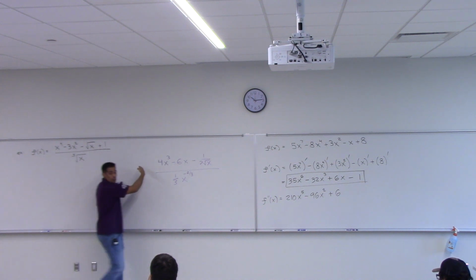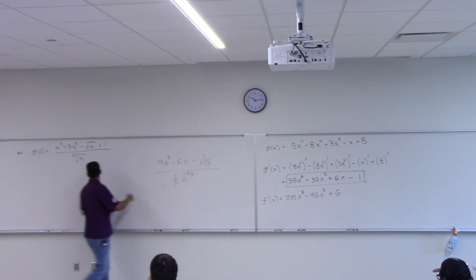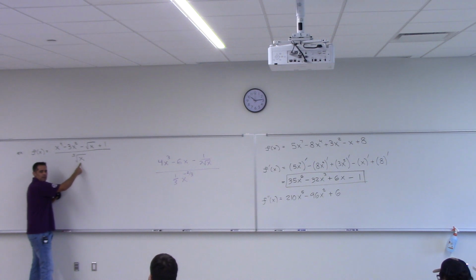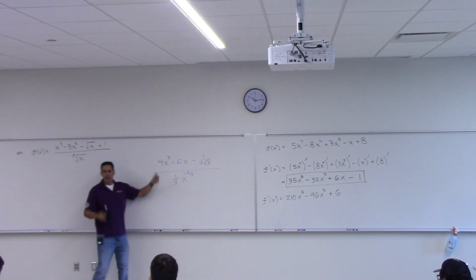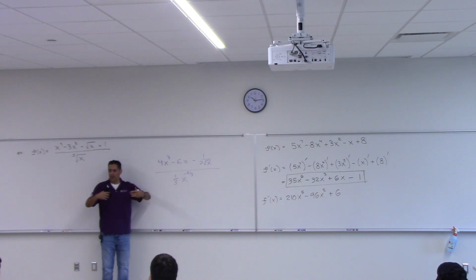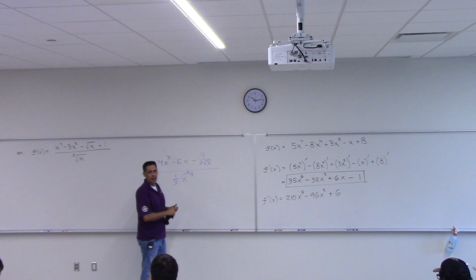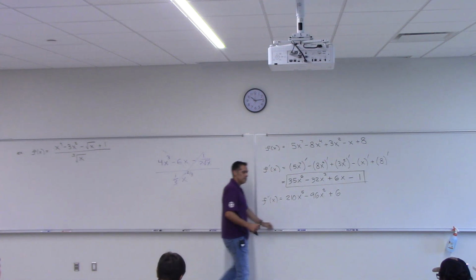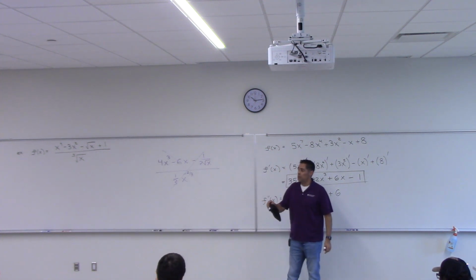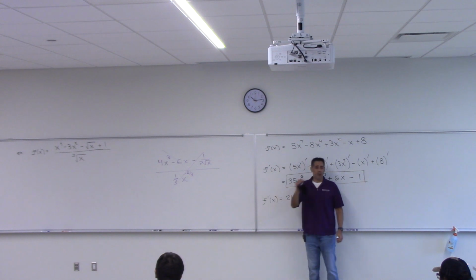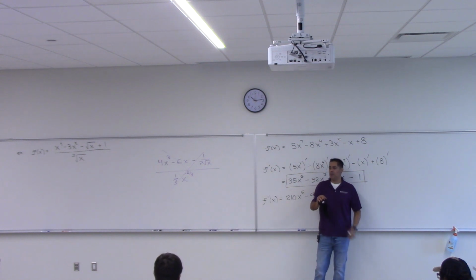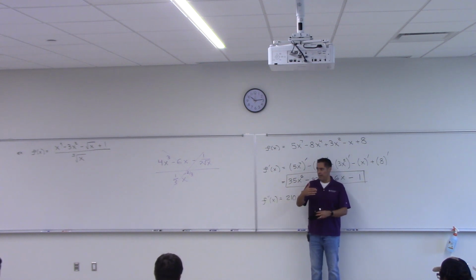The top, I just took the derivative of the top, and the bottom is x to the 1/3, so I brought the 1/3 out and subtracted 1. So I did the derivative of the top and bottom separately. It's completely wrong. Can't do it. Next class I will give you a rule called the quotient rule, and that's the rule you use when you want to do division. You got me?